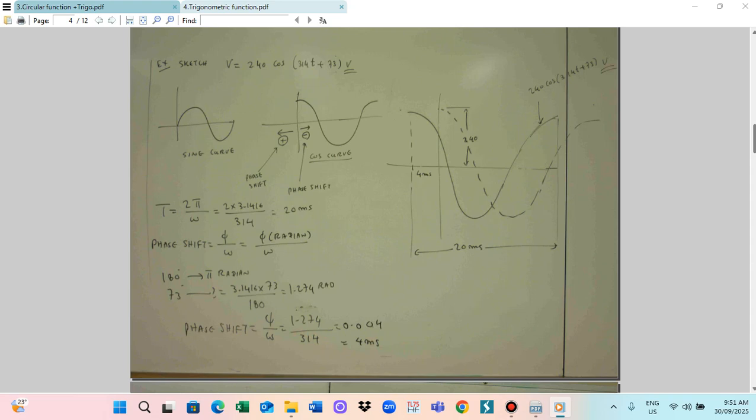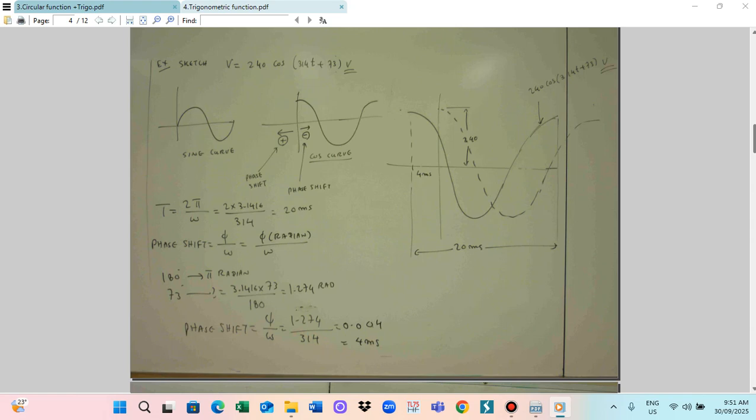So this is 0.004, which is 4 milliseconds. The phase shift is 4 milliseconds.